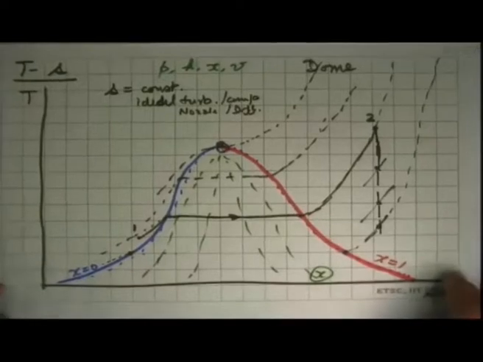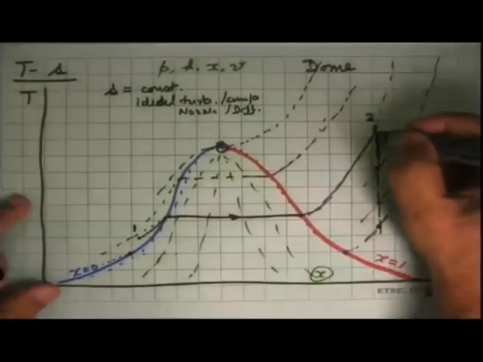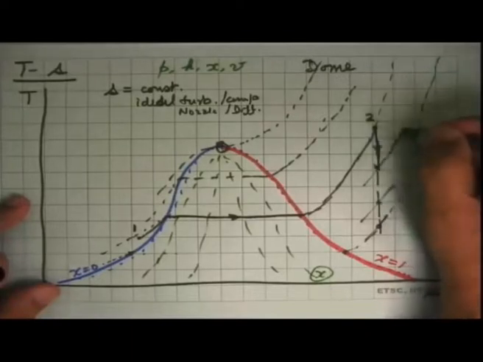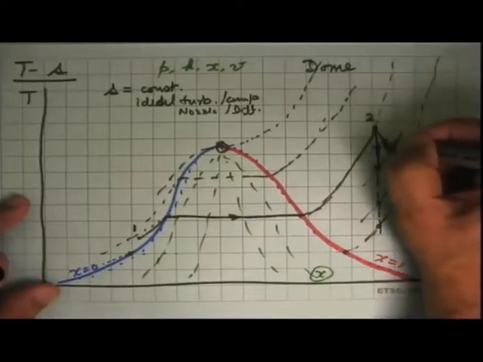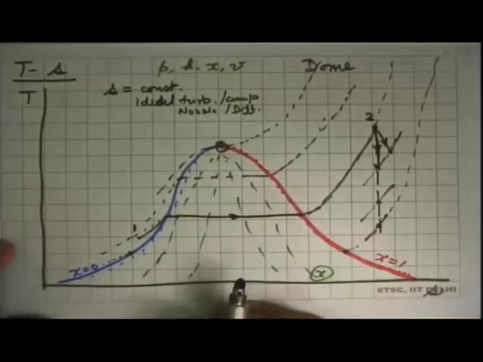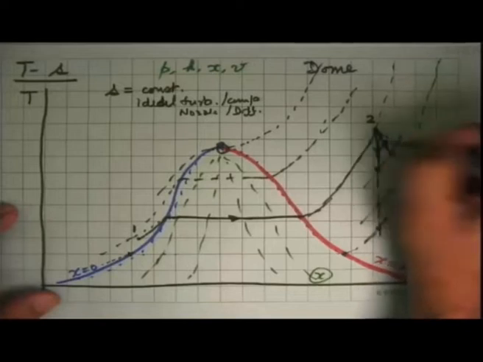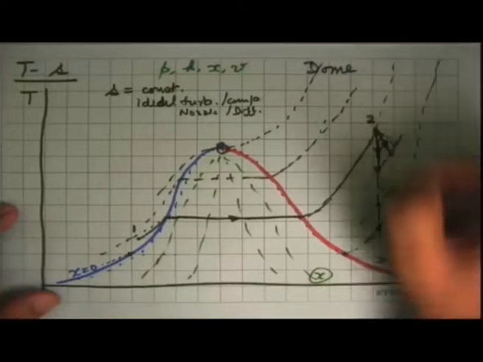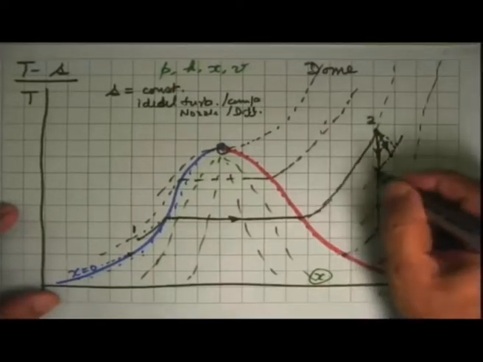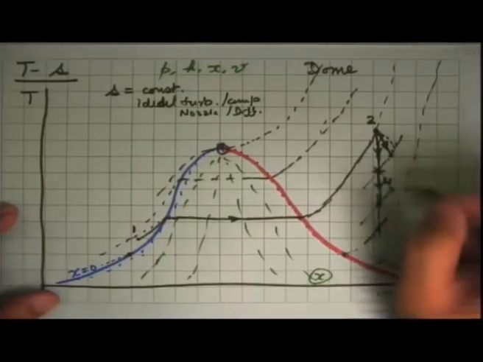Which means that while the ideal turbine will have come like this, the real turbine or the real nozzle will go like that to that point. And that will not be a solid line, so this has to be a dotted line. So from here to here, the ideal turbine will be like this, the real turbine will be like that.